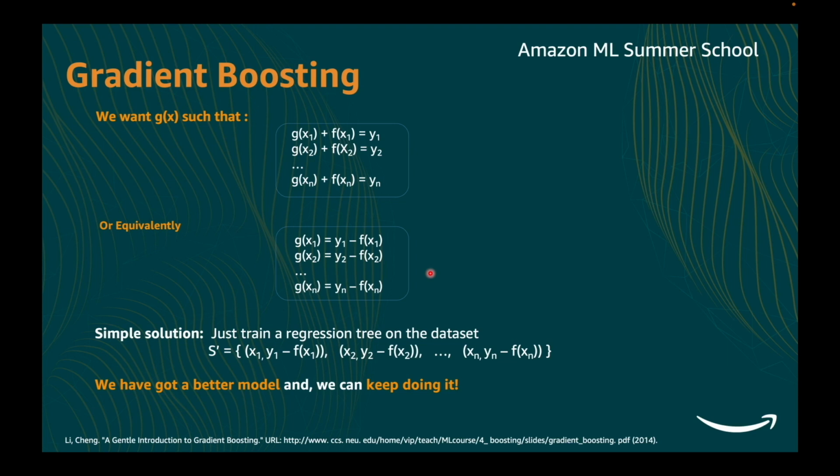So this is the idea behind gradient boosting. You continuously keep on doing this, and you keep on training models on the residuals. This is really the essential idea. It's not much more complicated than this, but requires a little bit of thought into why this actually works.